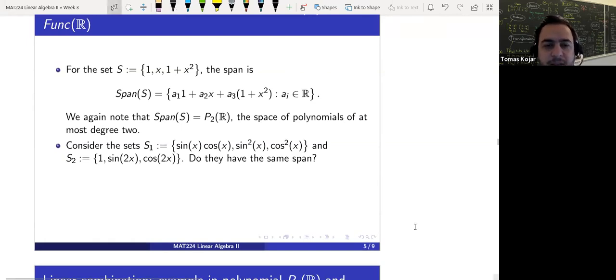Let me ask this in the chat. Do you think that these 2 sets have the same span? Yes, no?